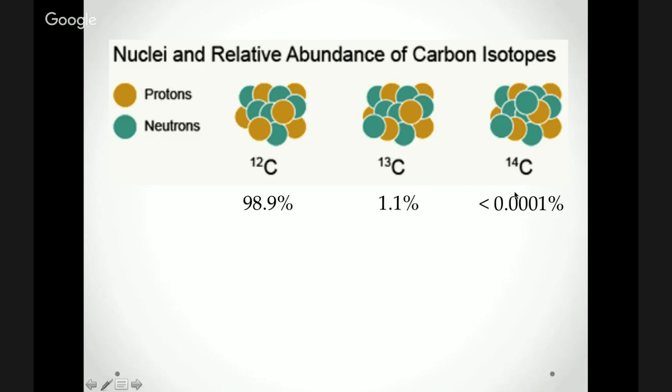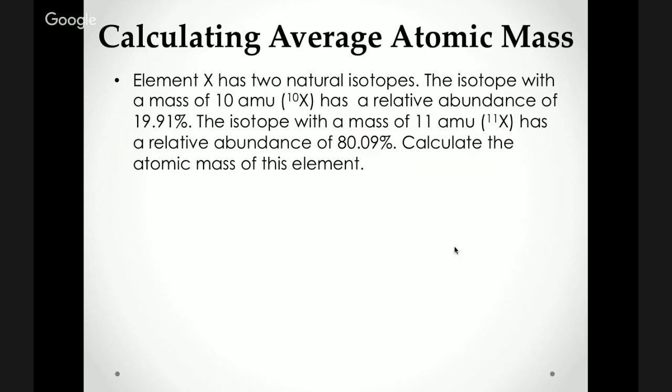We're talking about scientific notation with a negative exponent. But the percent abundance along with the mass number for that isotope is what gives us the means to calculate the average atomic mass. And that leads us to this slide, calculating average atomic mass.